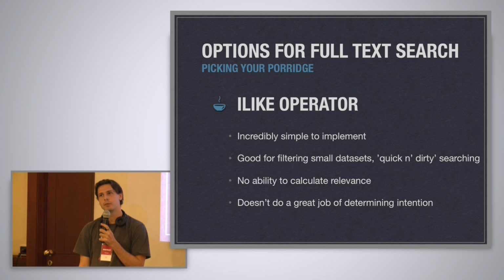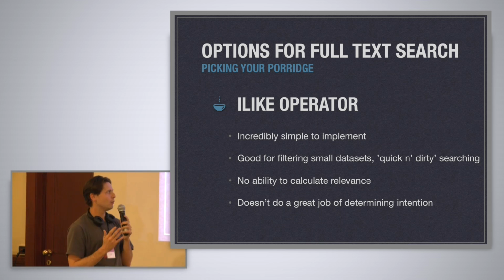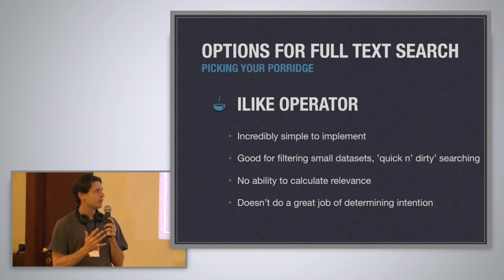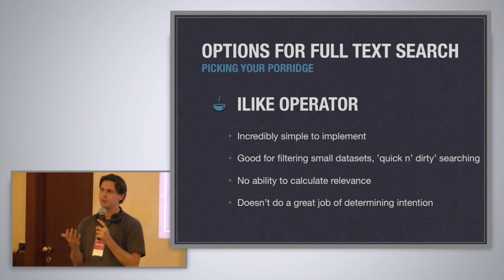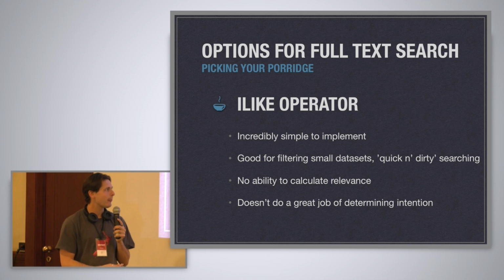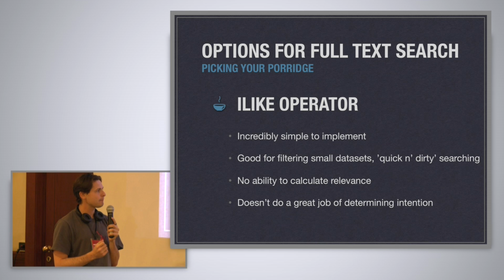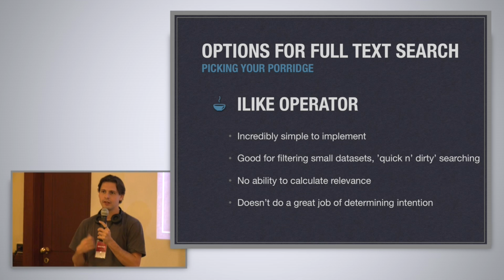And the reason it's not really appropriate is that it has no way to calculate relevance. Right, as soon as we start to get more than 3 or 4 matches back at a time, we want to know how good the match is, as opposed to our query. And ILIKE has no way to do this. It also doesn't do a great job of determining the intention of the search. There's lots of cases where it can go wrong or miss documents that we would otherwise want.